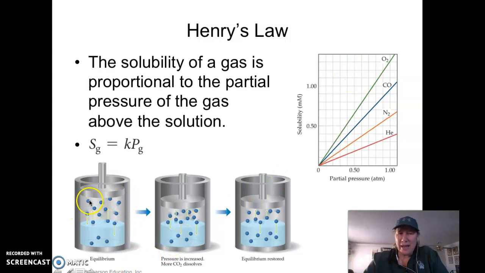But basically what happens is, here's a piston, and this one's in equilibrium. They're moving back and forth in equilibrium. If I take this plunger and put it down farther, I'm increasing the pressure. Now I'm forcing more gas particles to dissolve in the solvent. If I lift it up, I can restore my equilibrium.